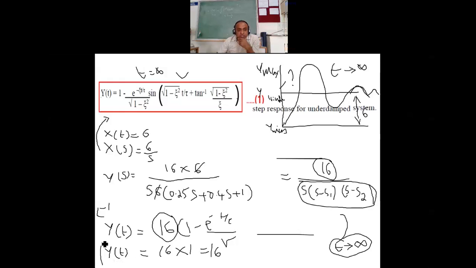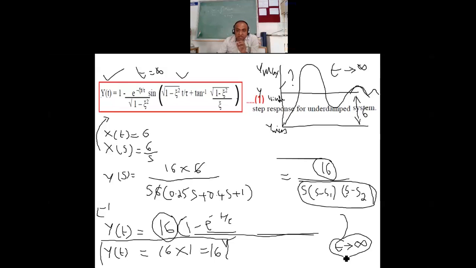So you get your response. What you are telling is correct, 1, but that 1 is for this. Here in our problem, you have in the numerator not 1, you have 16. So 16 I will not touch; 16 is a constant, I will take it outside. Rest all the denominator term is what you get here, that is 1 minus e raised to so and so.